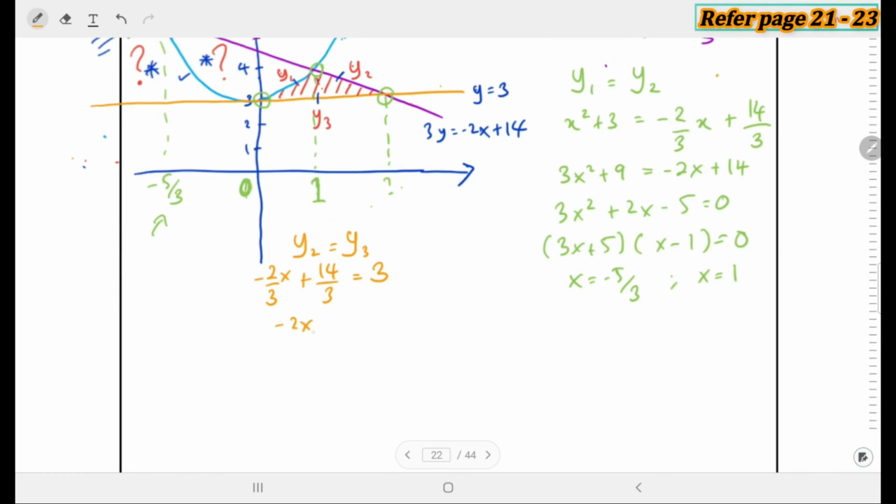So negative 2x plus 14 equals 9. So x equals 5 over 2, 2.5. So here is 5 over 2. So now let's begin to find the area.